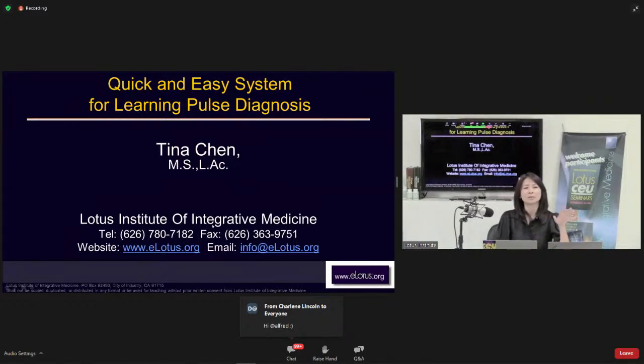And then another supervisor might come in and tell you, okay, well, this patient has ABC pulse. And then you take it and you're kind of confused, well, I'm not sure if it's XYZ or ABC. I'm getting like HMK, something else, feeling something else totally. So it's very confusing. Pulse taking is very subjective. So I think all of us probably have this experience, right? So it makes this art even harder, I think.